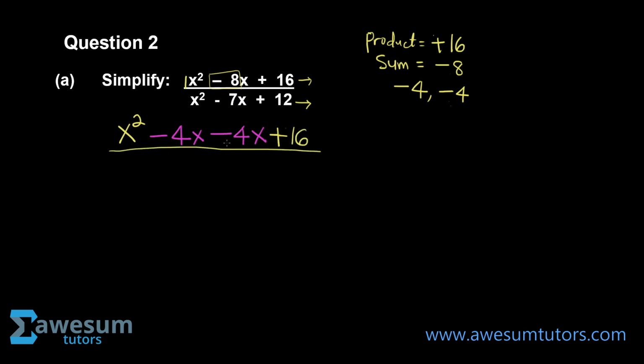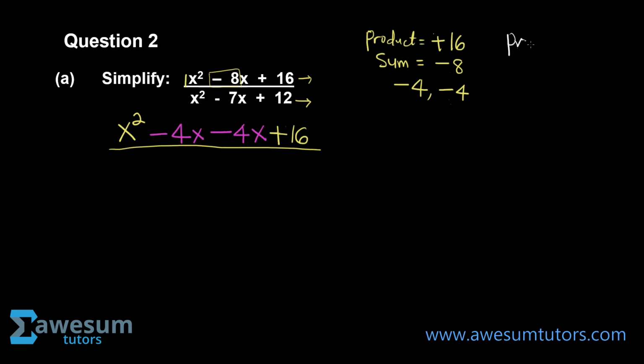Now let us also factorize the denominator. In this one, we are also going to look for two numbers whose product gives plus 12, because here you have a coefficient of 1, and 1 times 12 is 12.